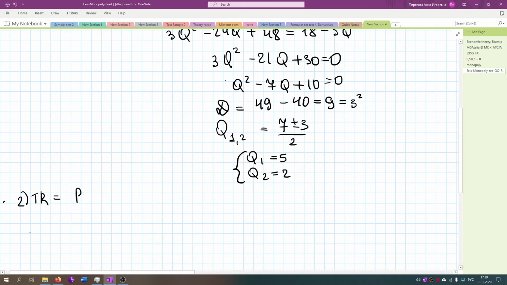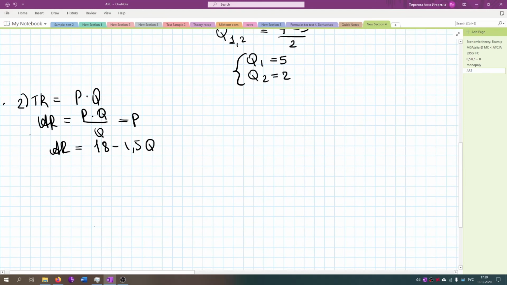So total revenue is price multiplied by quantity. Average revenue is P multiplied by Q divided by Q, and it is equal to P. So this means average revenue is equal to 18 minus 1.5 Q, and it is equal to P. And from this, we can derive the equation for P. P is equal to 18 minus 1.5 Q. So we need to put here our quantity which we received, and we will take the highest quantity in this case.